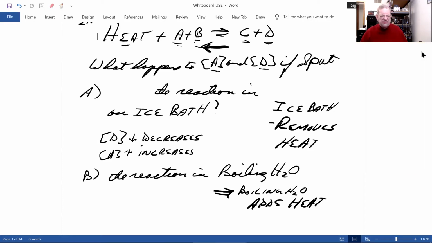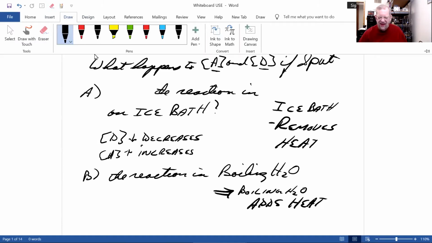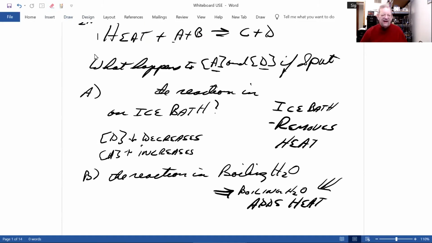All right, at equilibrium, there was a certain amount of heat, a certain amount of A and B, and C and D. By putting it in boiling water, what do we do? We add heat.